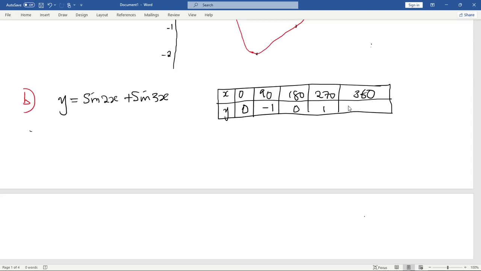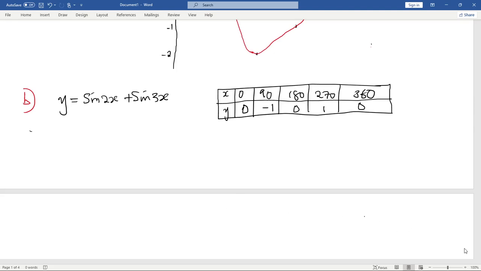Then for 360 here, we're simply going to get a 0 there. So if we say sine 2 times 360 plus sine 3 times 360 here, we just confirm, we get a 0 there.